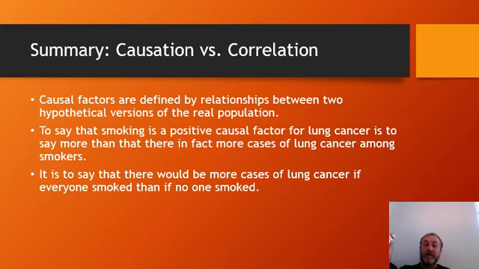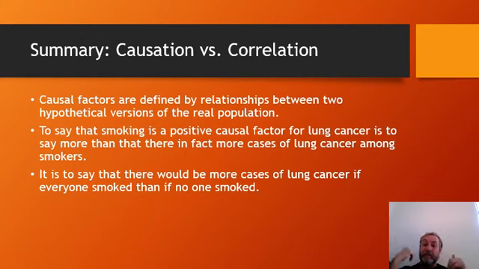To say there's a causation is to say much more than that. It's to say if everyone smoked, there would be more cases of lung cancer. If no one smoked, there would be no cases, or fewer cases if it's a probabilistic model, of lung cancer. So this is the essential difference between causal claims and correlations.